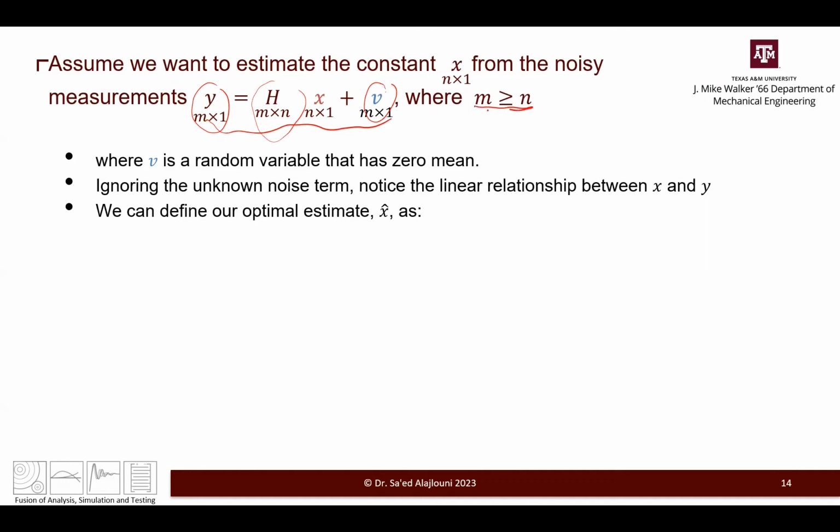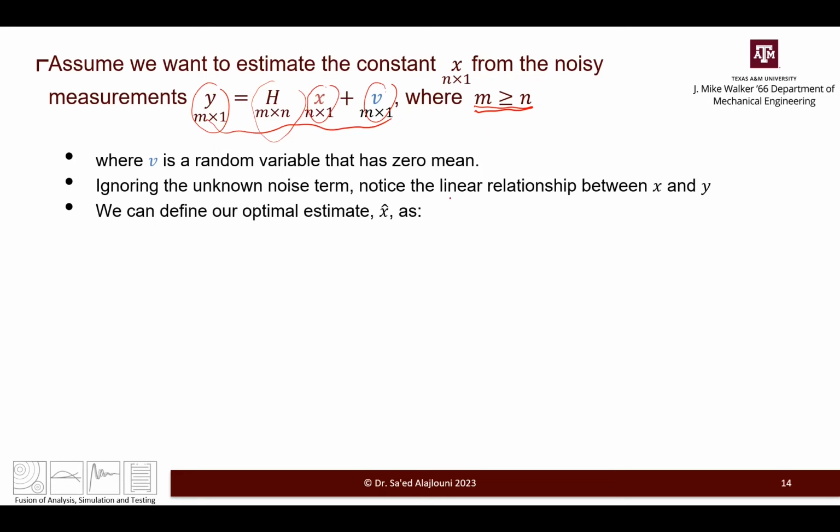And let's assume that we have at least as many measurements as parameters in x, which are the ones we would like to estimate. So we want to estimate x from m measurements, and m is at least as large as n. And it makes sense: we have more measurements than parameters we want to estimate.